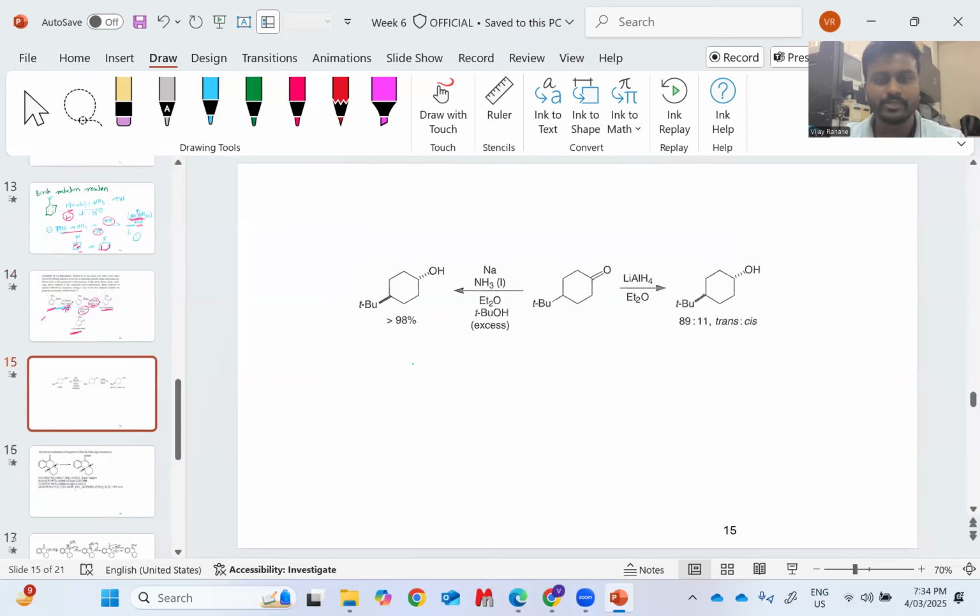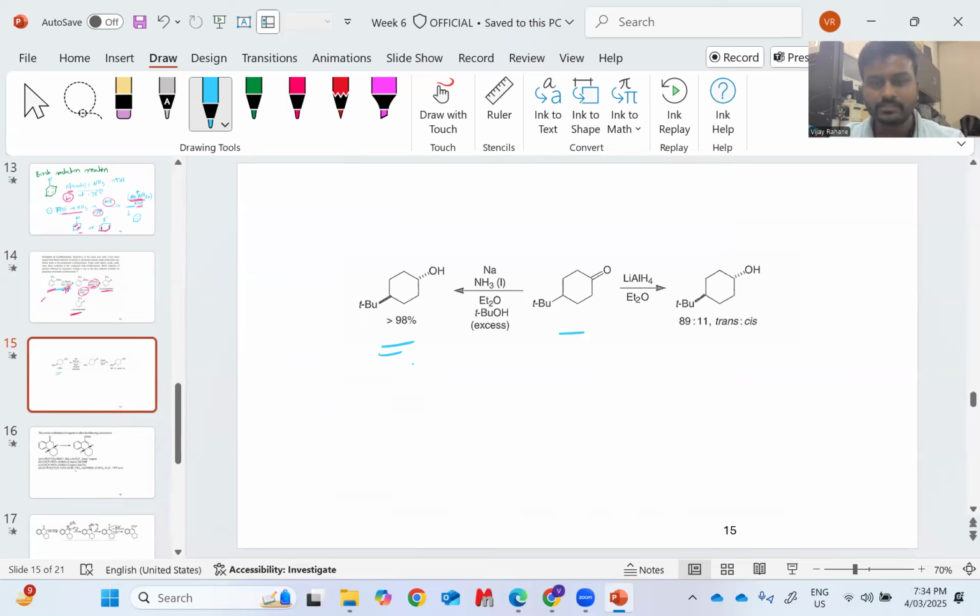Another utility of such a reagent: if you have such a starting material, this is the starting material here, the ketone, and particularly tert butyl here, right? If you add excess of sodium metal in ammonia and diethyl ether, and further add excess of butanol, it gives the anti substituted cyclohexanol.